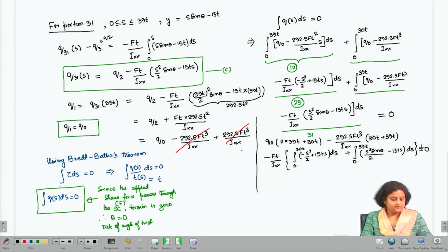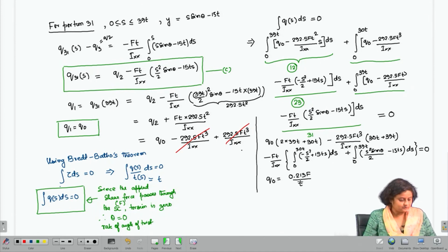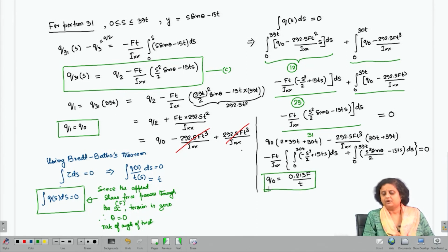If we calculate everything, we will see that q 0 is going to be 0.213 F by T. So, we now know the value of q 0.